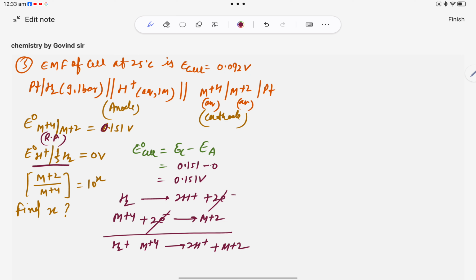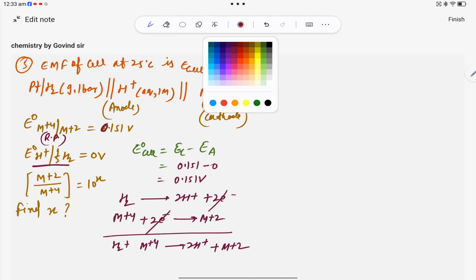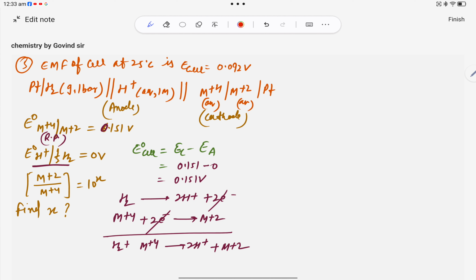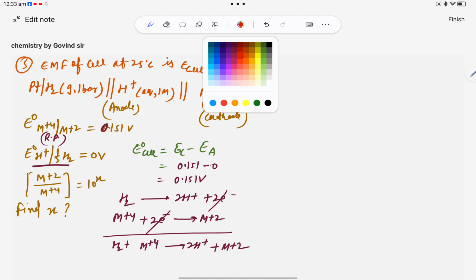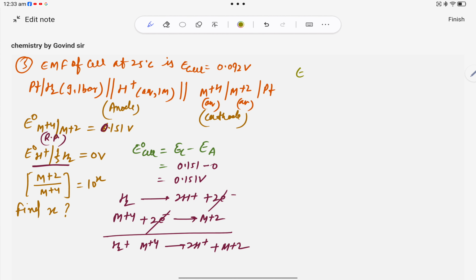Now apply the Nernst equation formula. What is the formula? E cell is equal to E naught of cell minus 0.059 upon n log of product concentration upon reactant concentration.